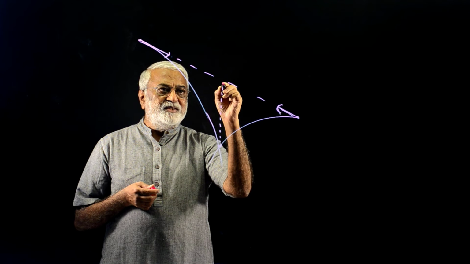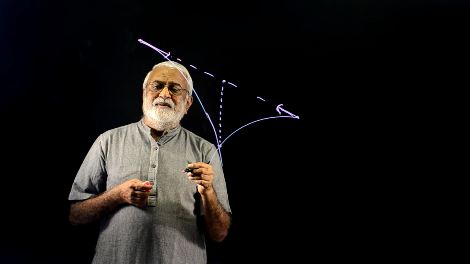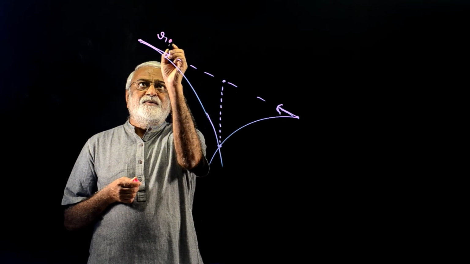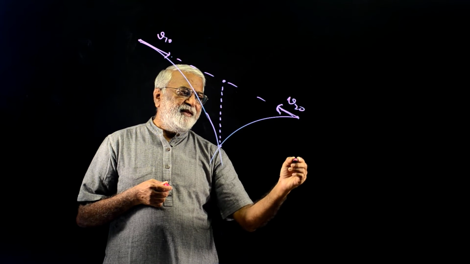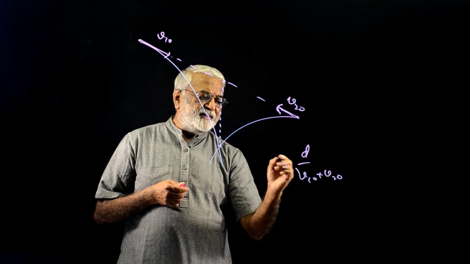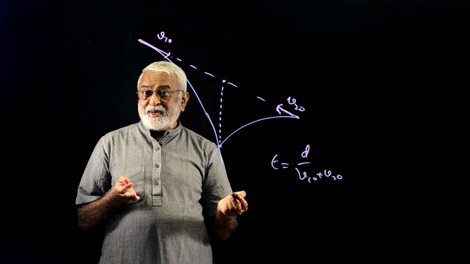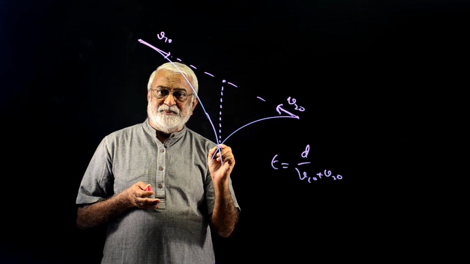Half g bar t squared below the position where they would have met in the absence of gravity. Suppose this is v1 0 and this is v2 0 and this is d. They would have met d by v1 0 plus v2 0 later. That's when they would meet, but not here, half g t squared below.